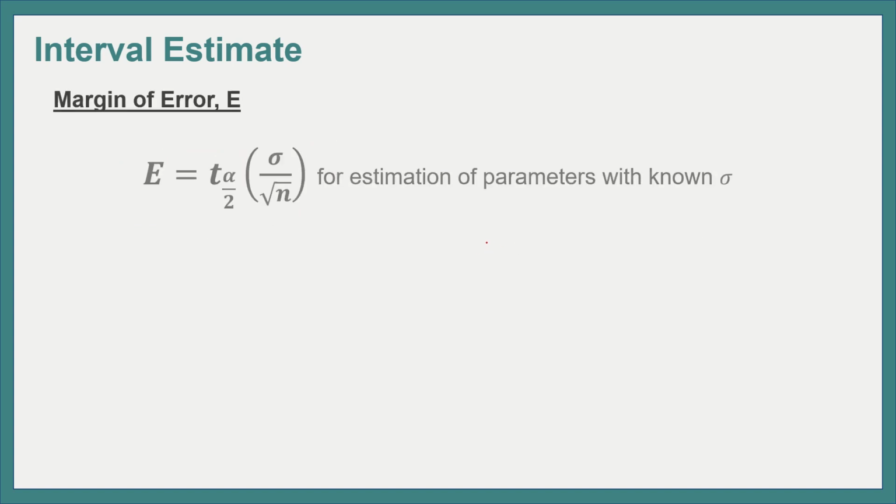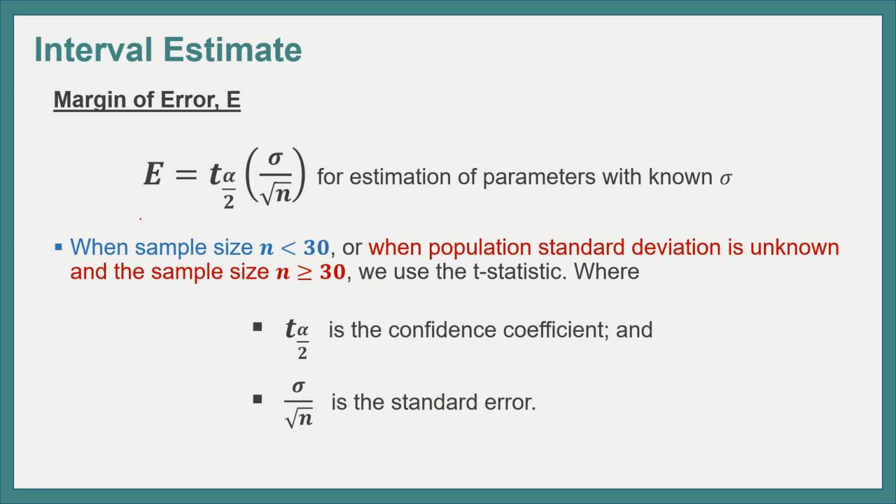And again, if we do not know the value of the population standard deviation, we use the equation E is equal to t of alpha divided by 2 times the standard error. So this should be S, and S divided by the square root of n.